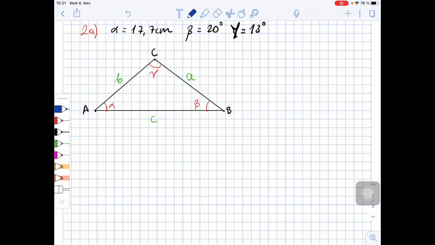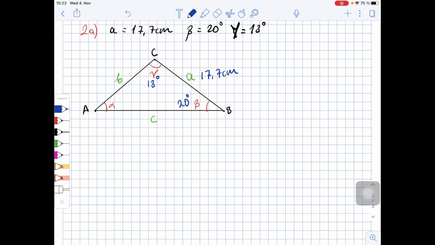It says 7 centimeter here, right? It's not alpha. Anyway, it's a typing mistake. Then this is A. Okay, A is equal to 17.7 centimeter. Beta is 20 degrees. And then gamma is 13 degrees.